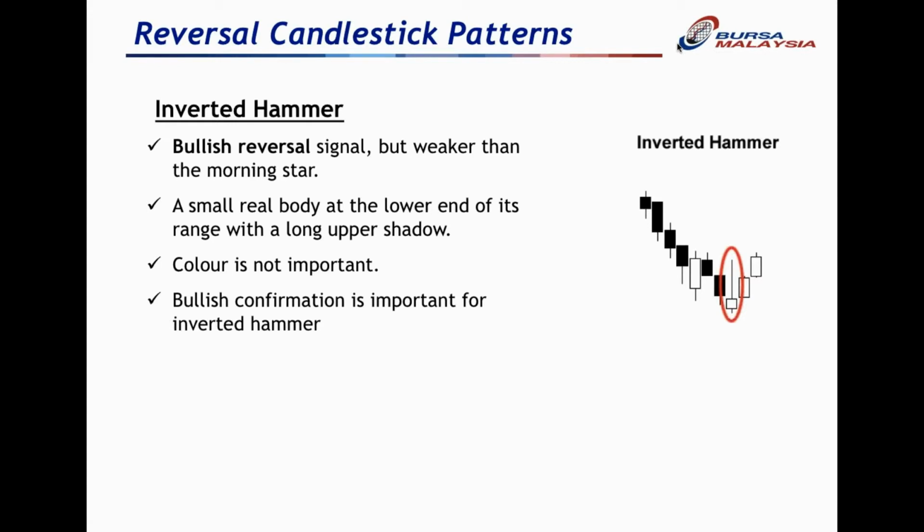And bullish confirmation is important for an inverted hammer. In other words, if you see an inverted hammer and the next day we see a long white body, it could be an engulfing pattern. So it is a stronger reversal signal.